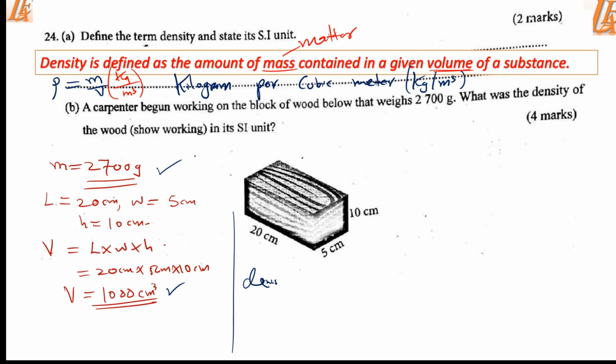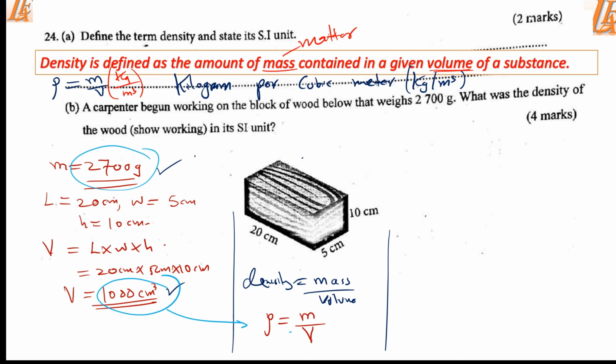Density is equal to mass per unit volume, which, if we write it simply, is written as rho equals mass m over volume capital V. Now if we substitute this mass and this volume in this formula, density is equal to mass, which is 2,700 grams, divided by 1,000 cubic centimeter.